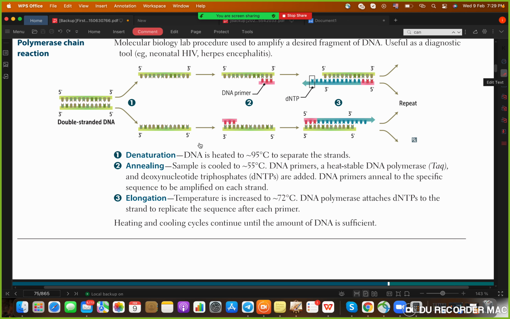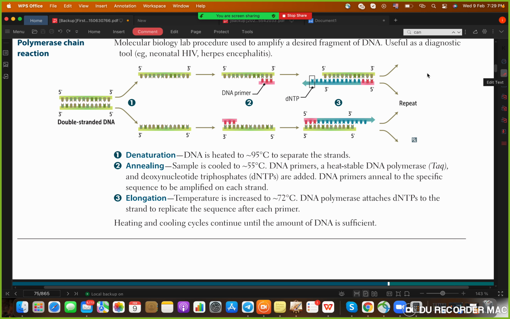Okay, what's next? After we have elongated it, we do so by increasing the temperature again, of course. The DNA polymerase attaches the nucleotides to the strand to replicate the sequence after each primer. As you can see, the DNA polymerase is adding the nucleotides. Okay, so we have a lot of it. What to do next? Repeat the cycle. Just do it all again. Initially we had one strand.